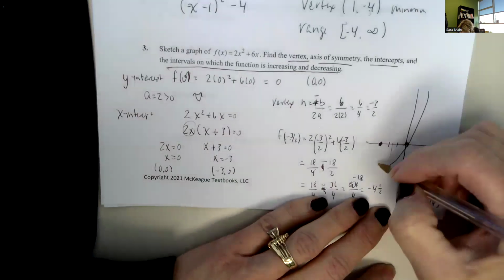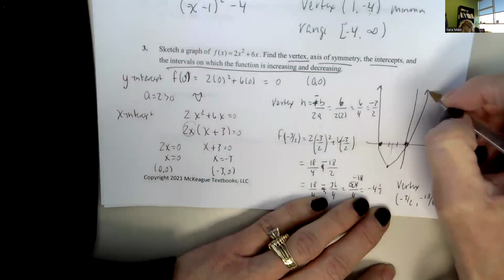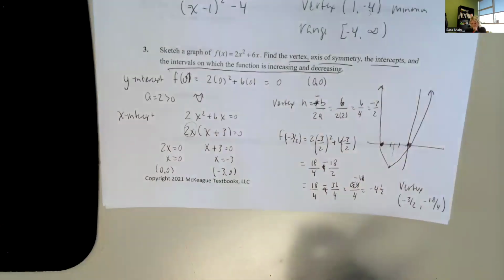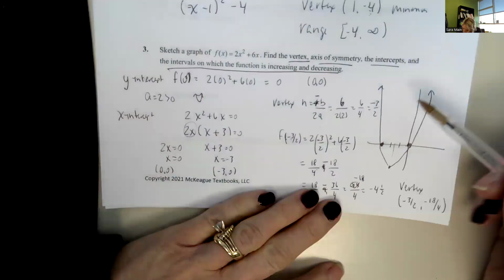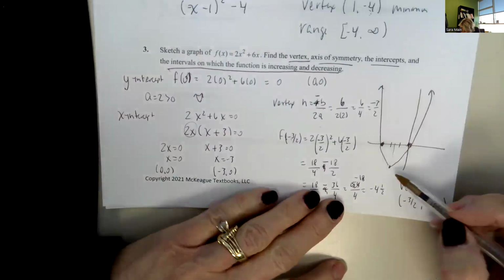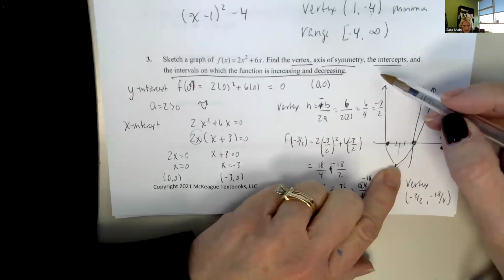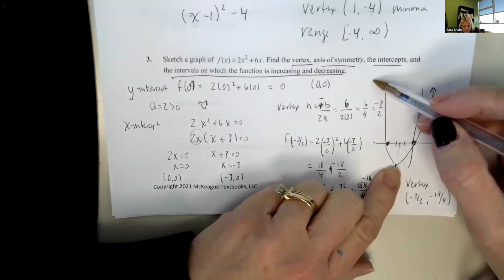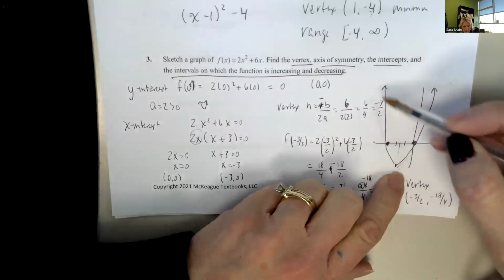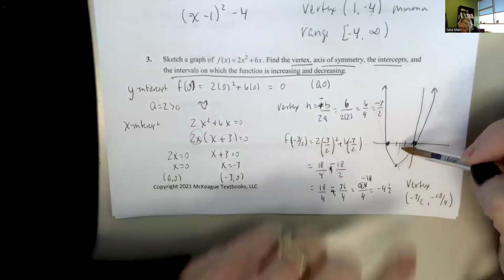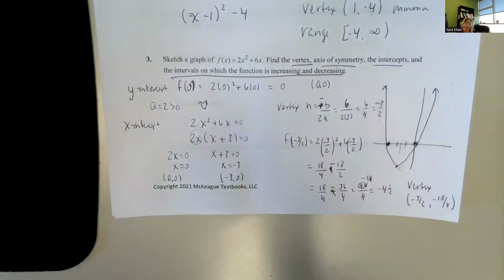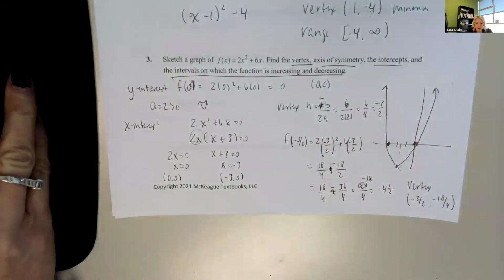It's going to look something like that, and you can validate that in Desmos. And then the function is decreasing from negative infinity to negative 3/2, and increasing from negative 3/2 to infinity. Catch me back for another video.